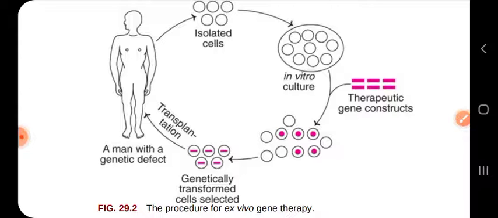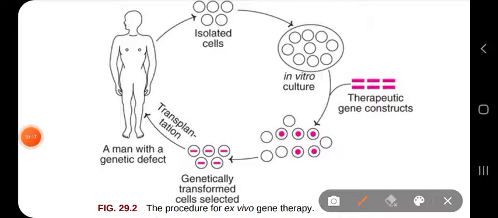What do we do? The first step of ex vivo gene therapy, as you can see, I'm writing it. The first step that we can see is to isolate the cells with a genetic defect from a patient.